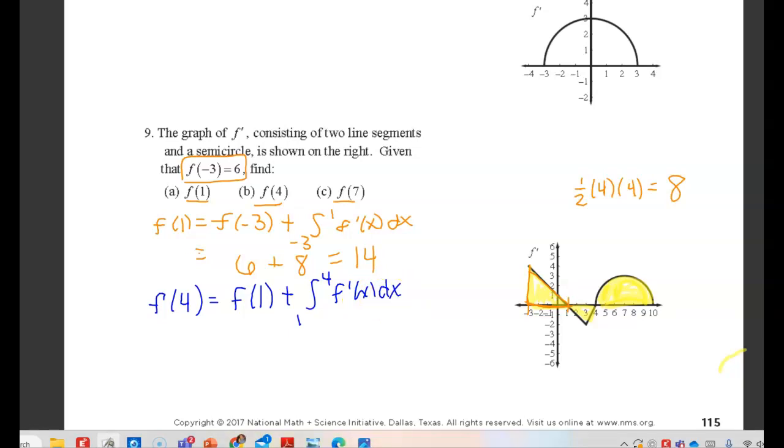So instead of having to add the triangle and the initial condition f of 3, you can start at 1 and find that space. Does that make sense? So you know f of 1 you just calculated to be 14. So now I can change my bounds to be the 1. So I can say it's 14.